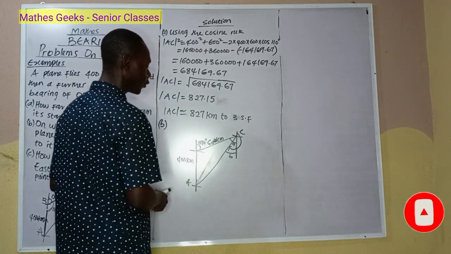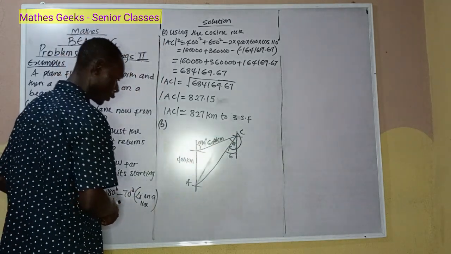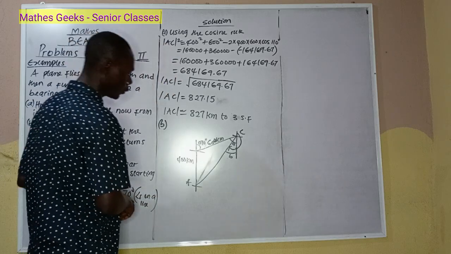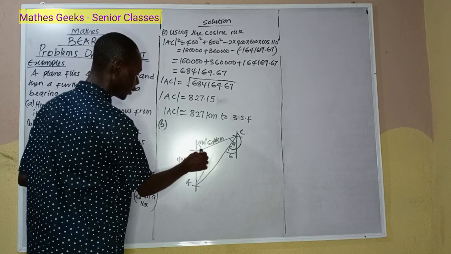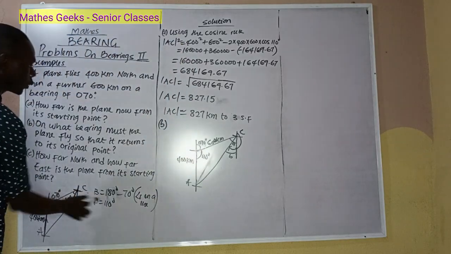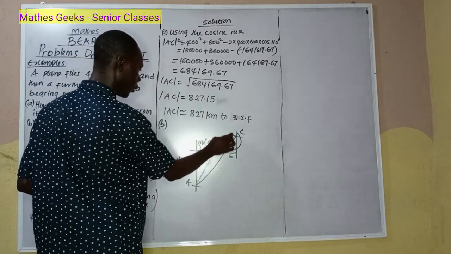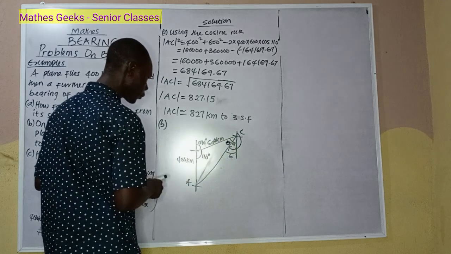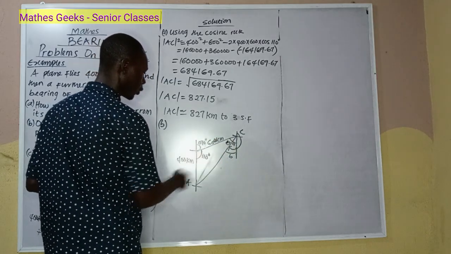So for us to do that, we need to get this angle C. How do we get the angle C? From our analysis, we know that this angle here is 110 degrees, which is B. We are looking for angle C, which we can call theta, so that's the sine rule.